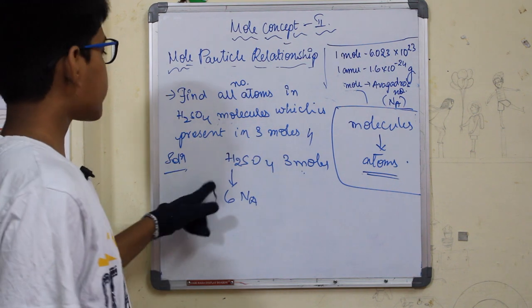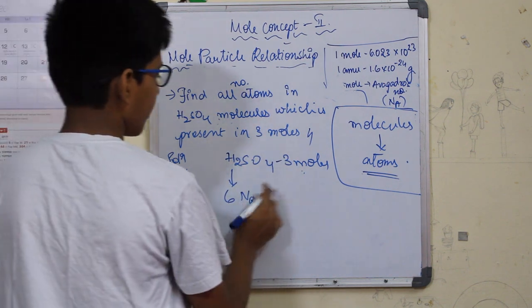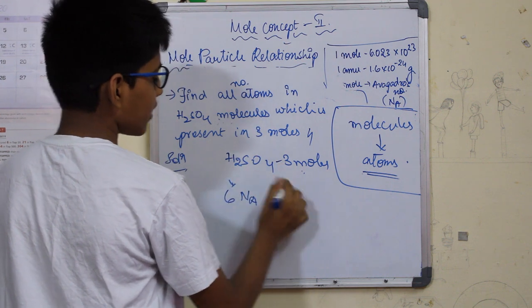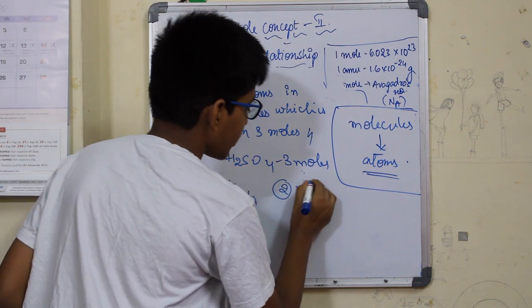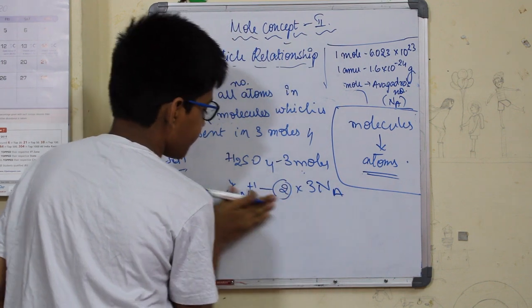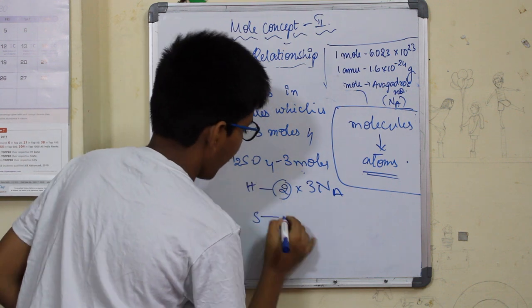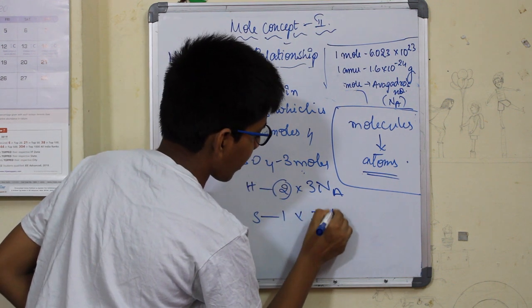Now H2SO4 molecules, we have 3 moles. If we have 3 moles, H atoms are 2 for each. Now 2 into 3 NA. This is for H. Sulfur, I have 1 into 3 NA.